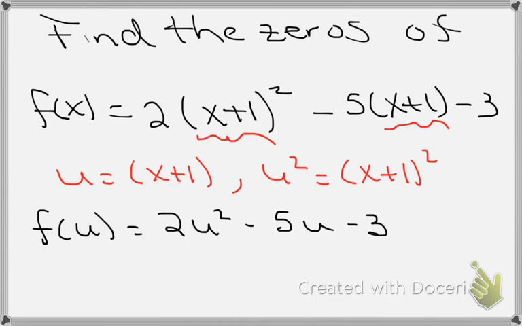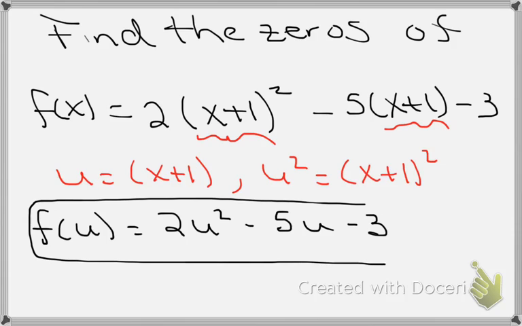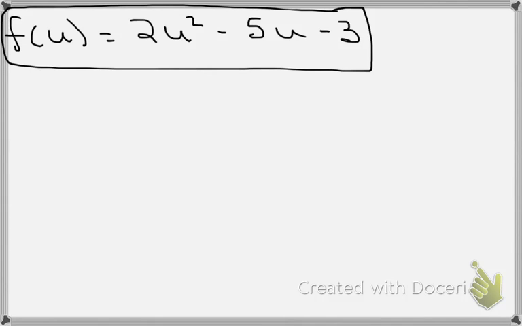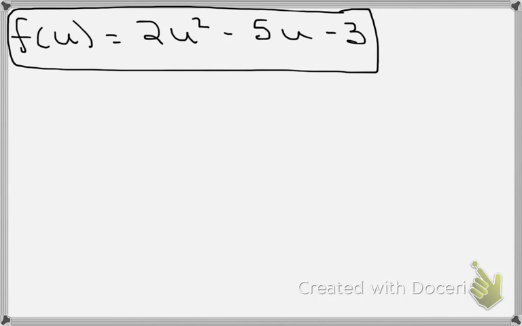So I've simplified this greatly, because I can certainly now factor this quadratic trinomial. So let's go to another sheet here and get this factored and see where we can go. We're in good shape now.